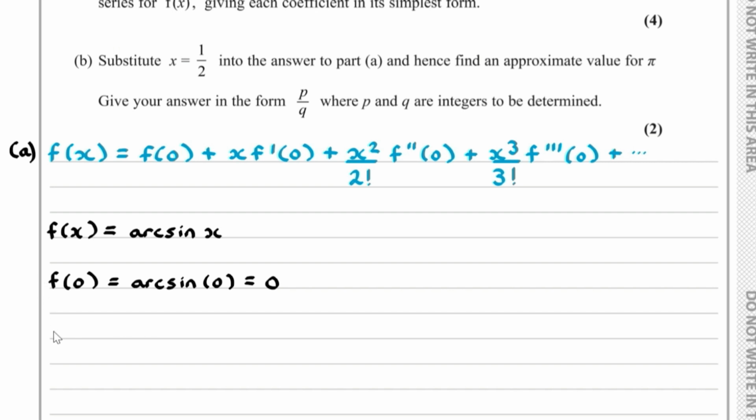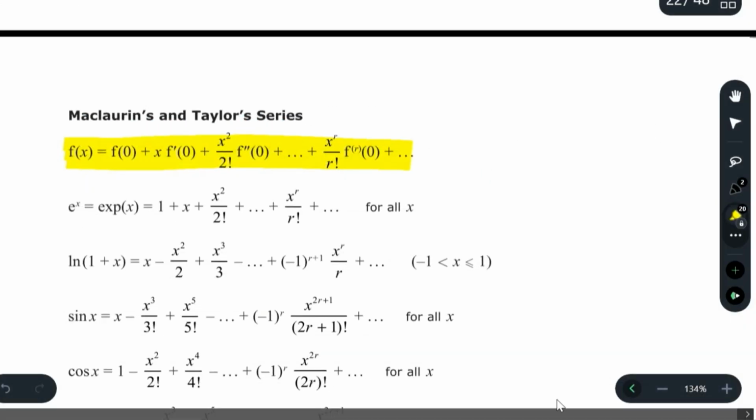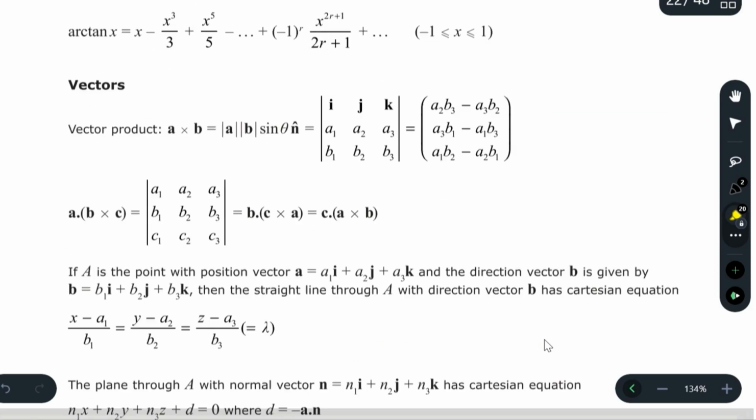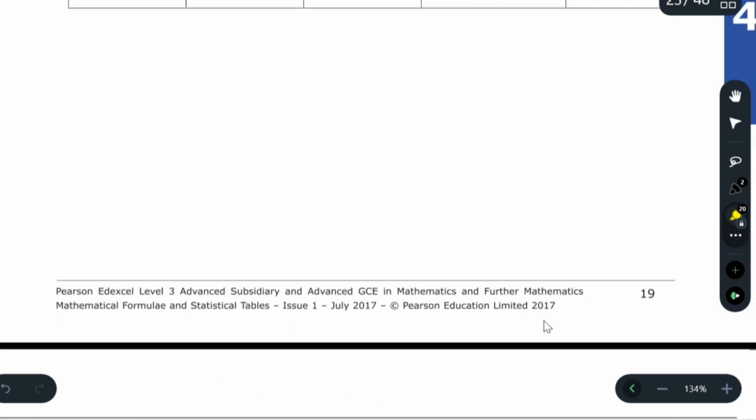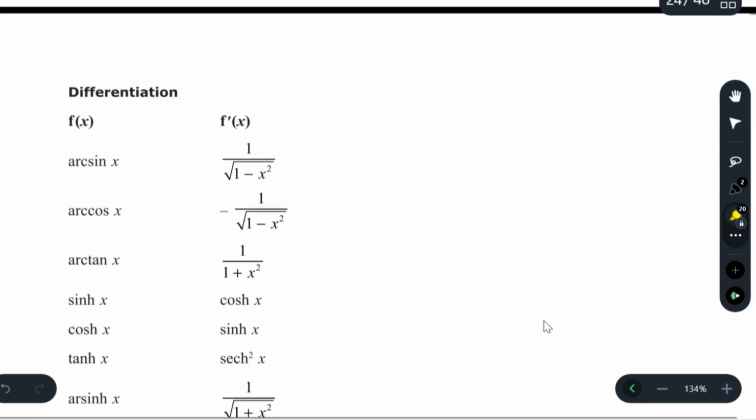Now, if we were to work out what f dash is, it's the standard result. If we go to the formula book, and then under the differentiation section, the differential of arcsine x is equal to 1 over the square root of 1 minus x squared.